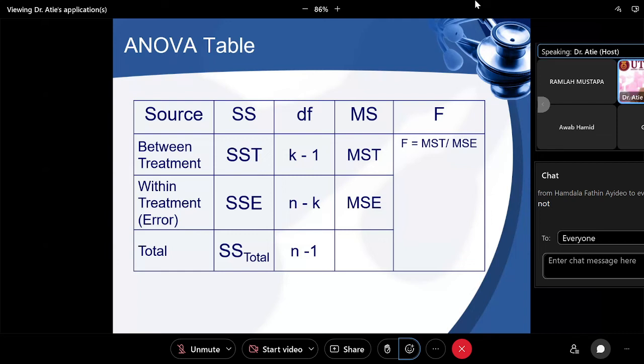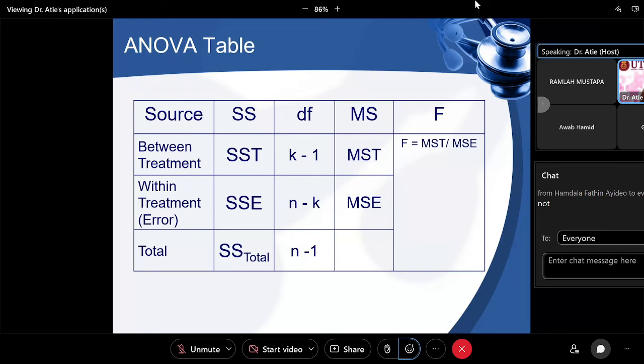So there are three objectives or three things that you really need to know how to do. First, how to do the Levene's test. Second, the ANOVA test. And the third one is the ANOVA table. Suppose the ANOVA table should be number one, but it doesn't matter. So you need to have this ANOVA table.